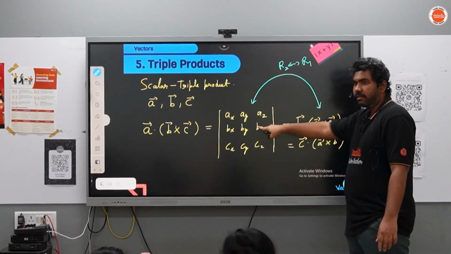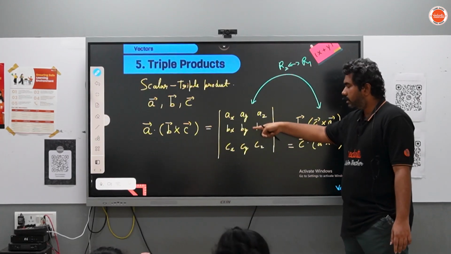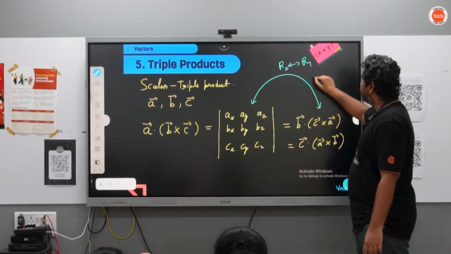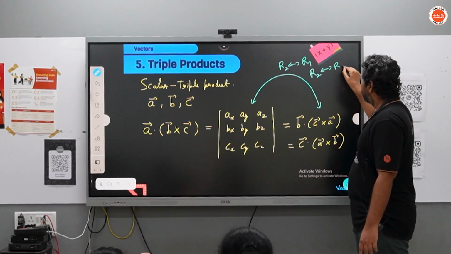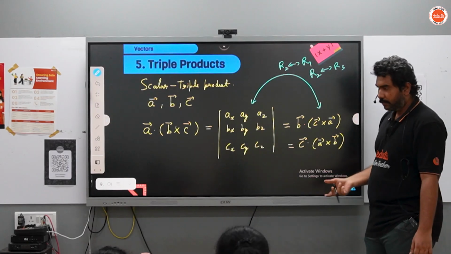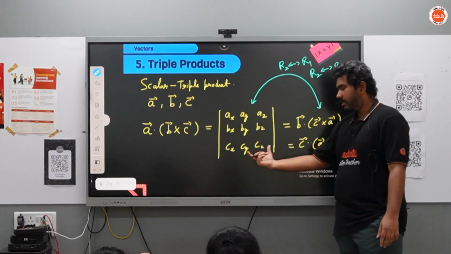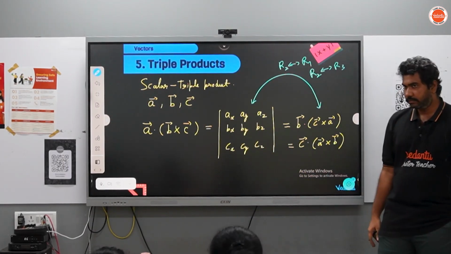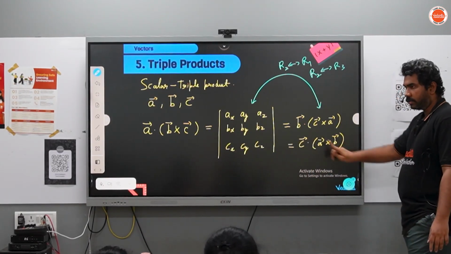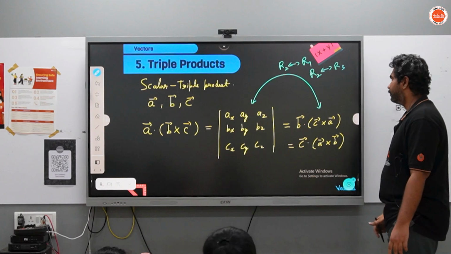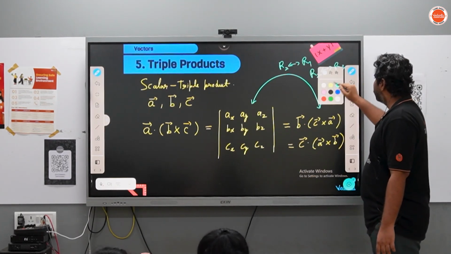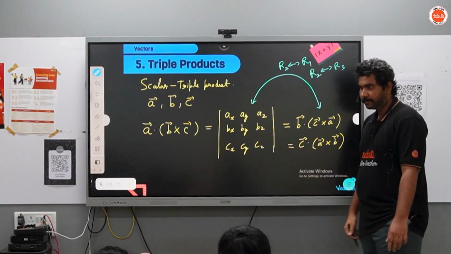Now A is in the second row, so you interchange R2 and R3. Since it is an even number of interchanges, there is no change of sign. You get the same determinant value as the original one. So both are the same, and likewise you can get the equivalent for this also. You can make a note of it.